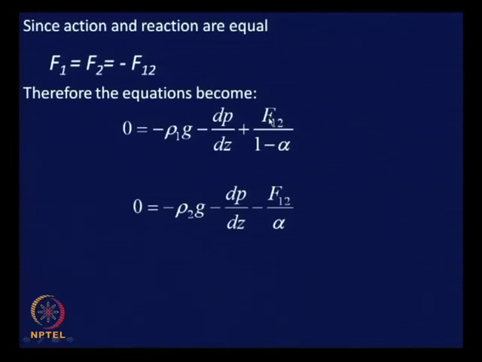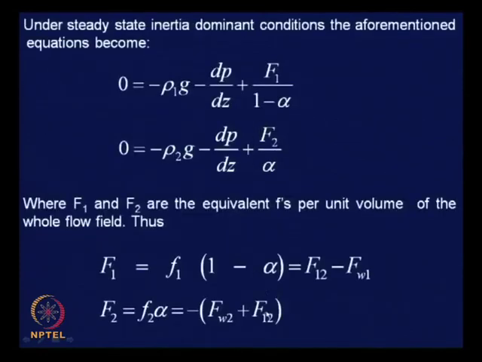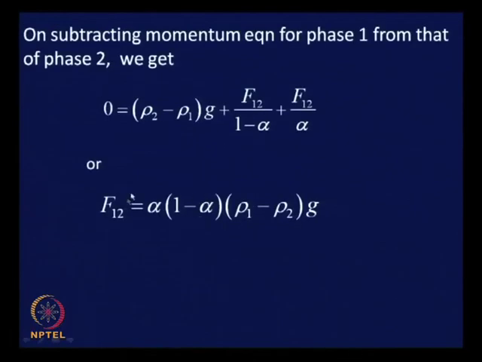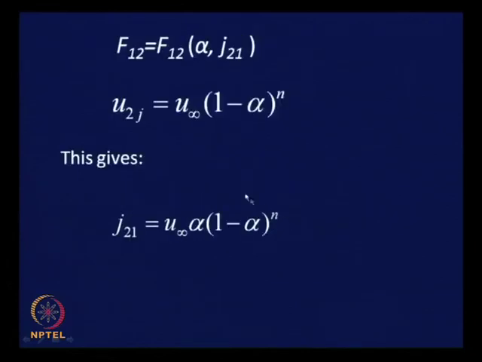And under no condition did I include F22 in this particular case. So, finally, from here we got this particular expression from which I have obtained this equation. This equation was obtained under the condition of steady state inertia dominant, absence of wall interaction effects, absence of particle-particle interaction.